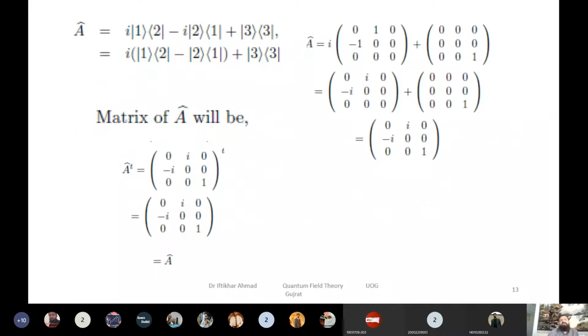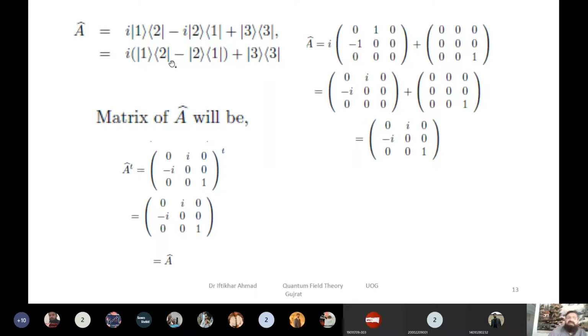The next one, if you have an operator of this form, with i and minus i and plus this. Similarly you can express this and this, because you can take the i outside.